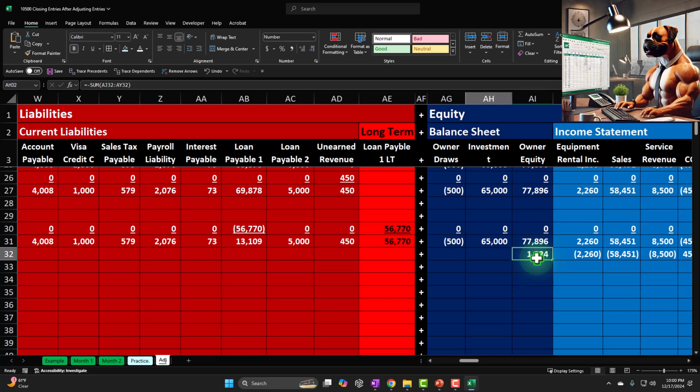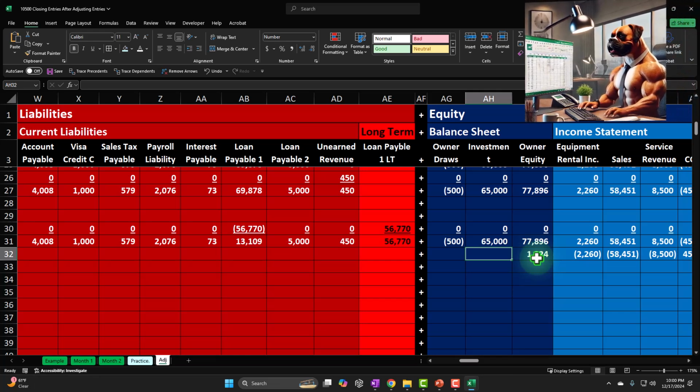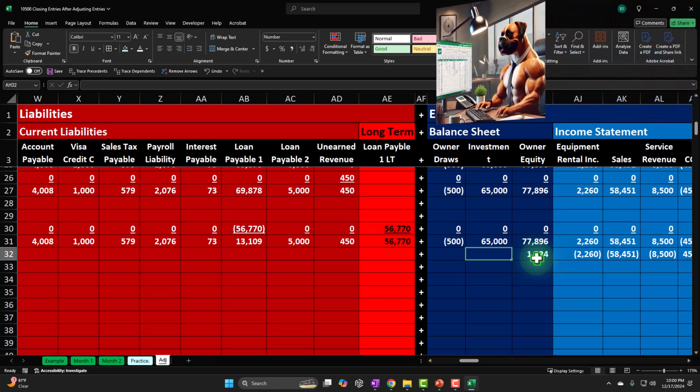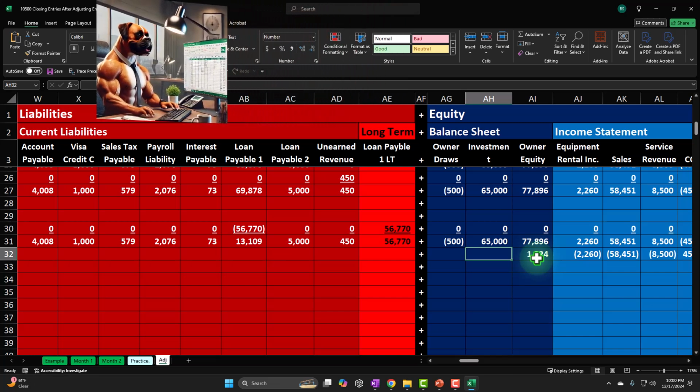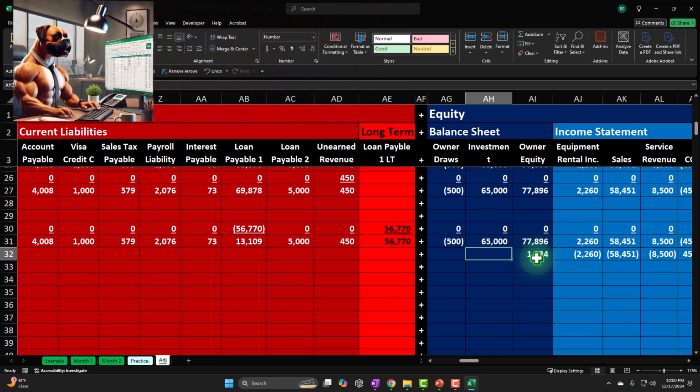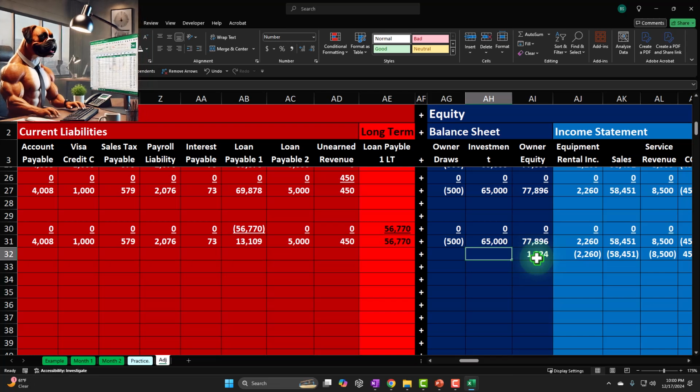So on the investment side of things, remember that if it was a corporation, then the investments would be from the owner. That would be when the company issues the stock, not when you buy the stock on the secondary exchange, but when the company issues the stock, then the owners are giving money to the company, investing in the company for the stock. That's going to be equivalent to an investment in our case, or owner investment for a sole proprietorship.